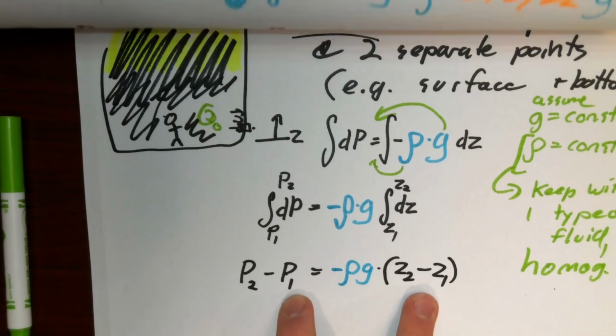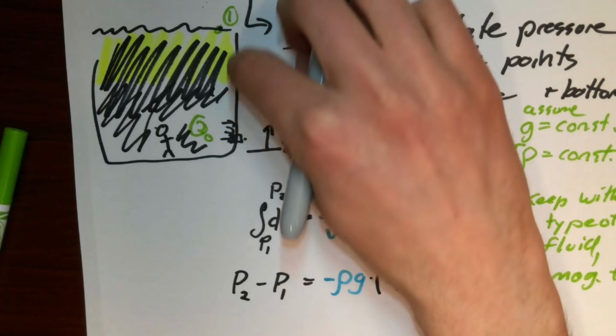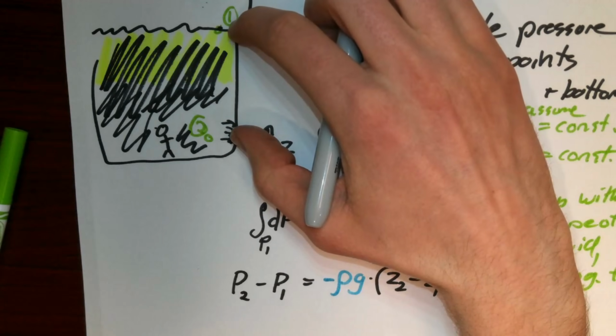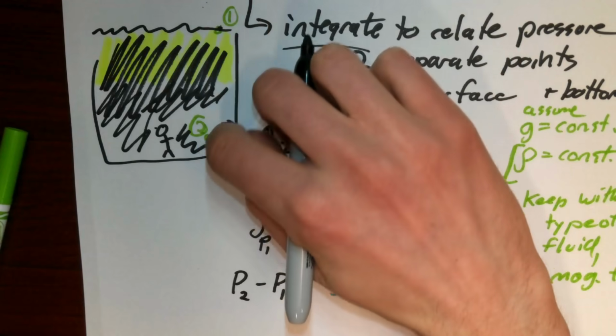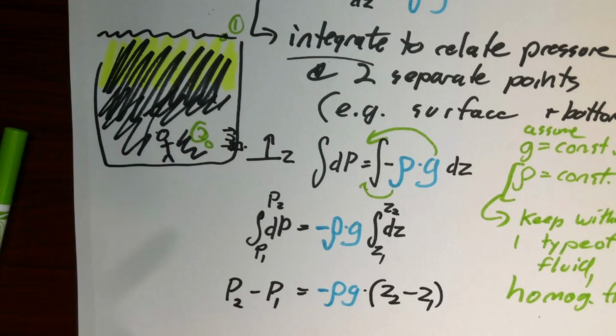And now what is this? This is something where if I, let's say, knew the depth of this point, I could relate the pressures at point 1 and point 2 as well.